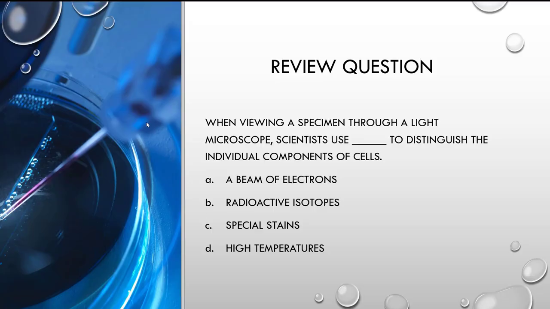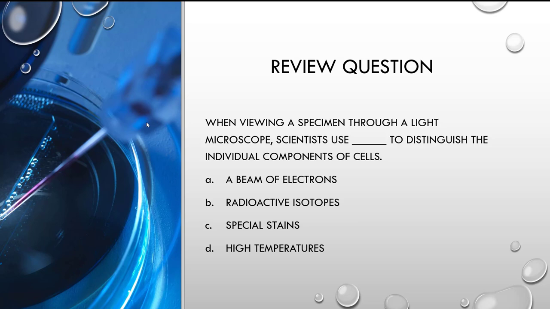All right, so we're going to go through a couple review questions, and then we're done with this section. When viewing a specimen through a light microscope, scientists use blank to distinguish the individual components of cells. Is it a beam of electrons, radioactive isotopes, special stains, or high temperatures?